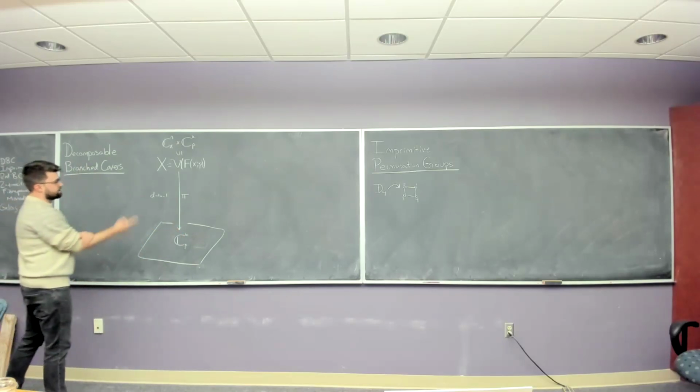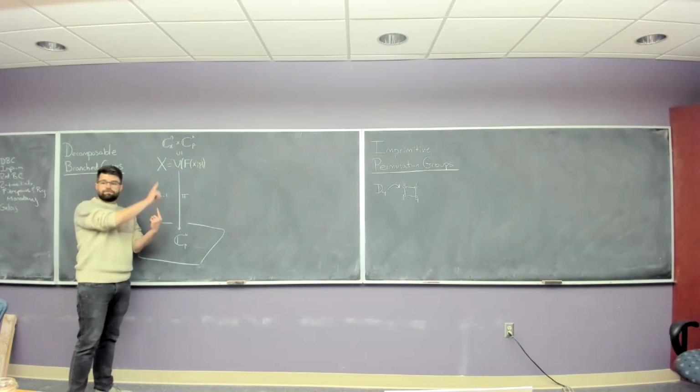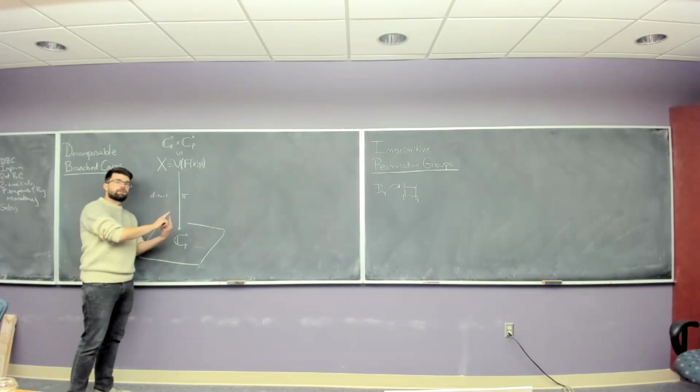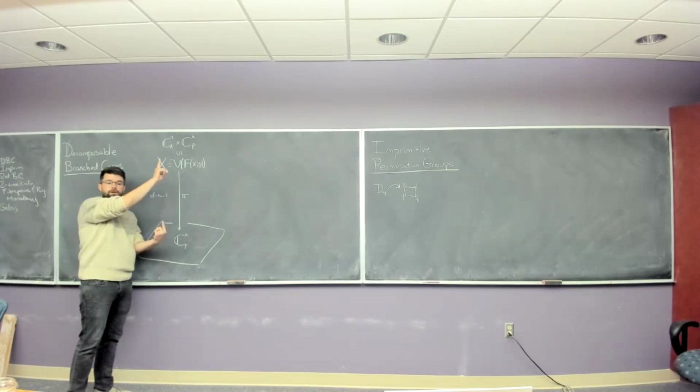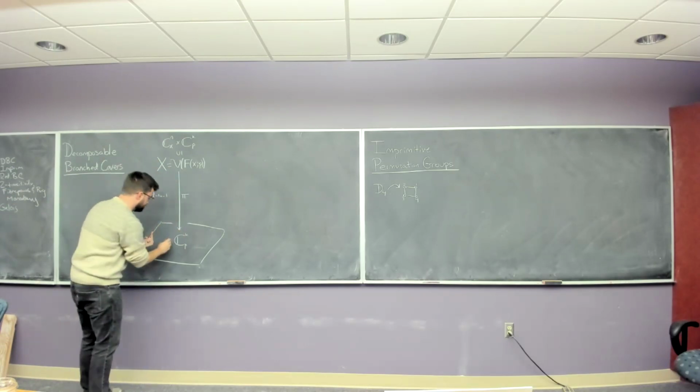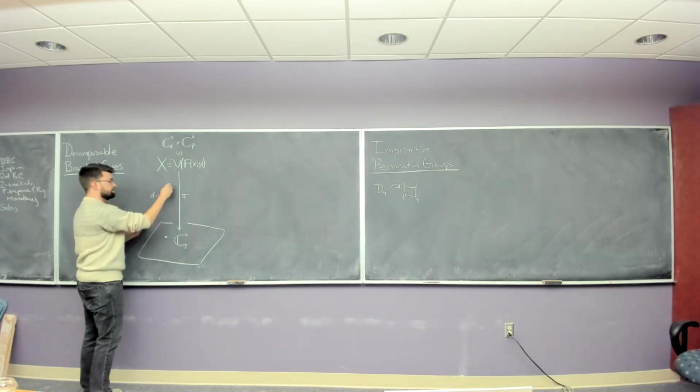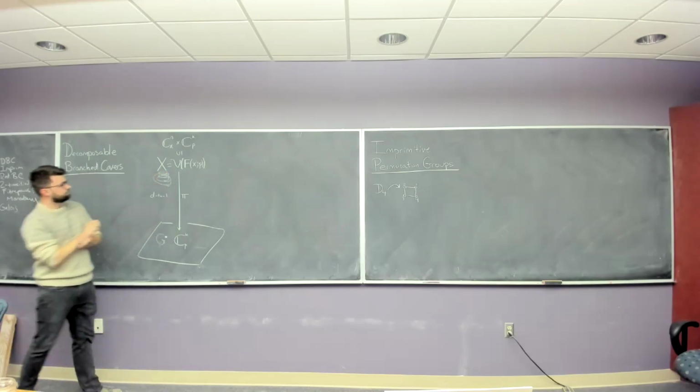All right, and given a loop downstairs, you can follow the fiber over it using homotopy. Okay, so take a base point. This has some D solutions, and a loop downstairs gives me some sort of permutation upstairs.